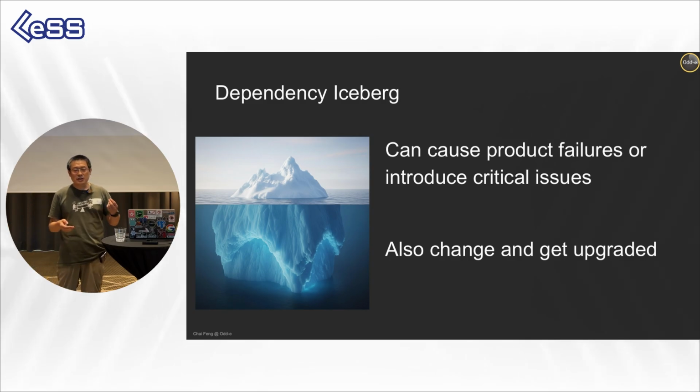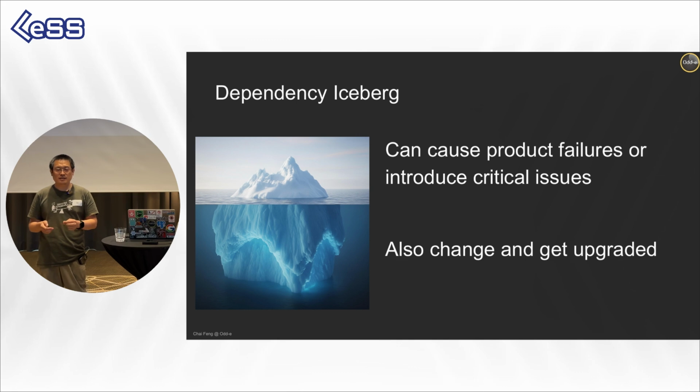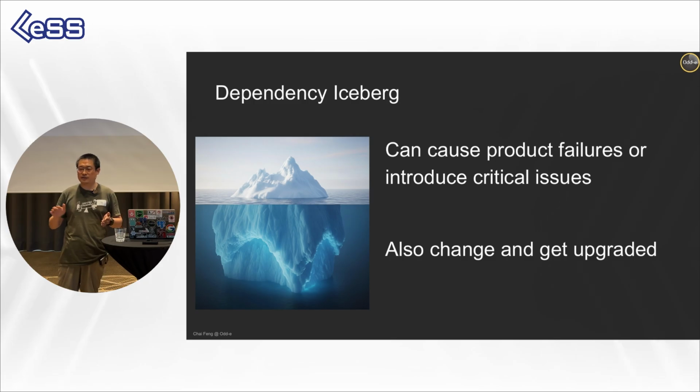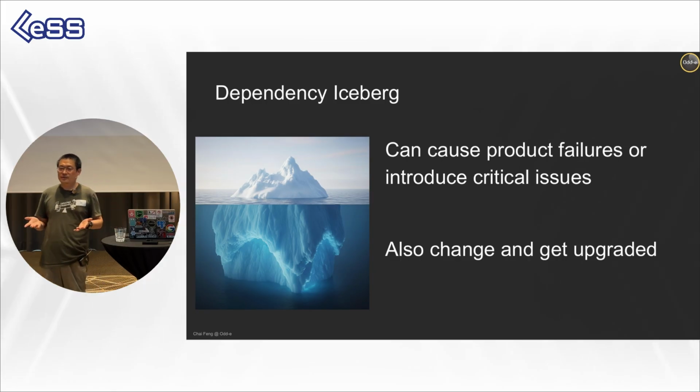And changes to these things can cause product failures or introduce critical issues, like code changes can. Their changes have the same impact on the product features and the build, like those software packages. As we develop, those things also change and get upgraded.